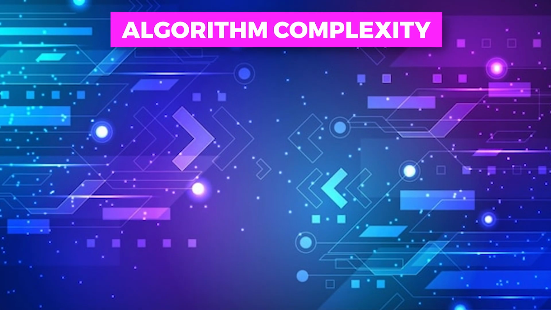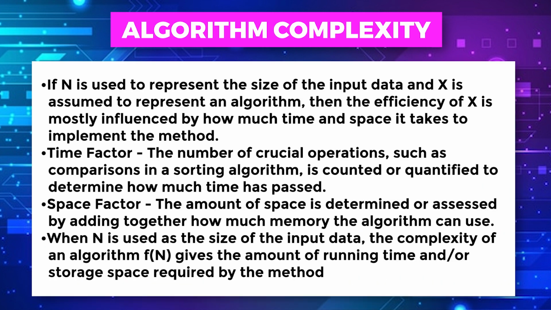Now, algorithm complexity. If n is used to represent the size of the input data and x is assumed to represent an algorithm, then the efficiency of x is mostly influenced by how much time and space it takes to implement the method. In the time factor, the number of crucial operations, such as comparisons in a sorting algorithm, is counted to determine how much time has passed.